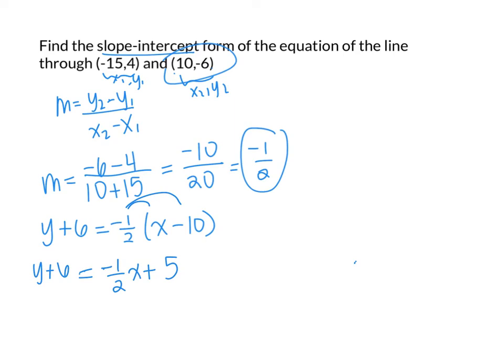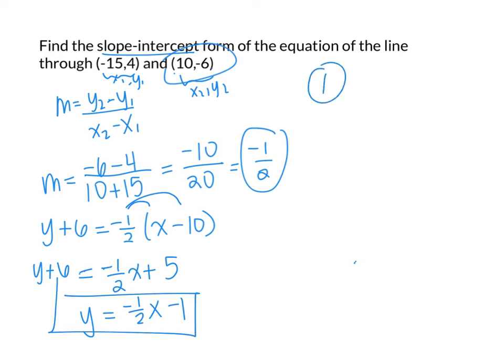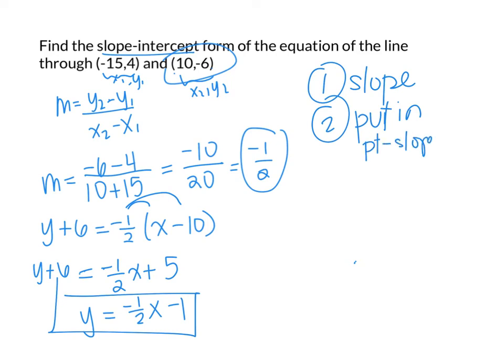Then y plus 6, subtracting 6, I'm able to get y equals -1/2 x minus 1. Now this is in slope-intercept form. So again, what you do is find the slope, put it in point-slope form, and lastly, convert to slope-intercept.